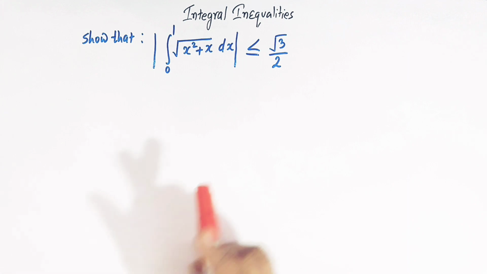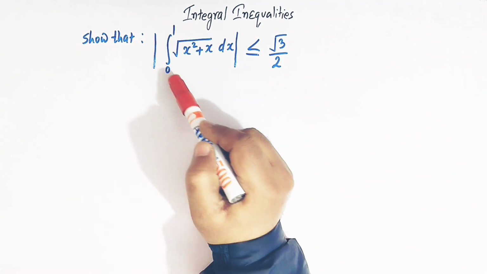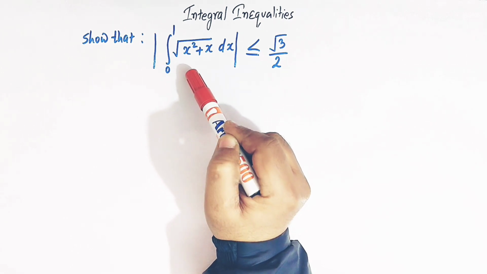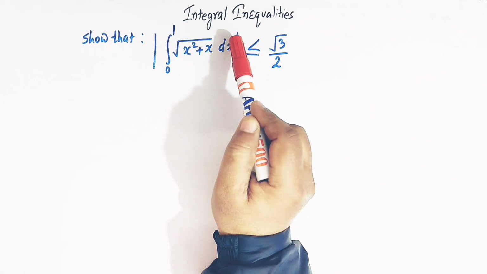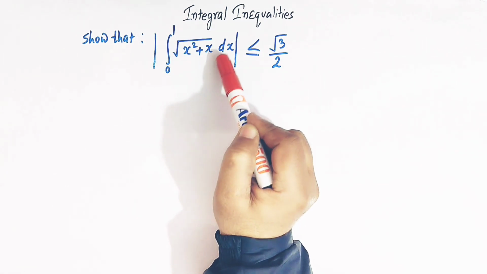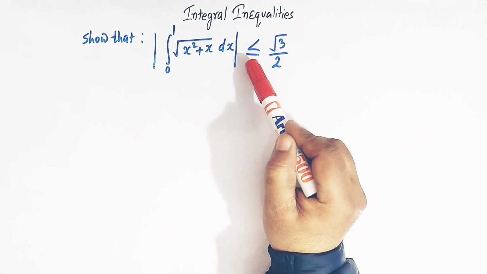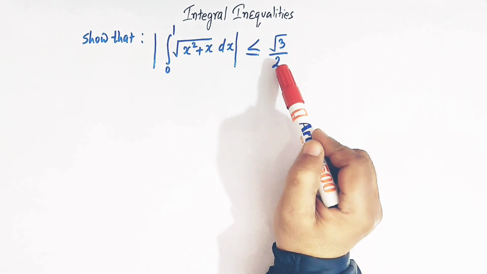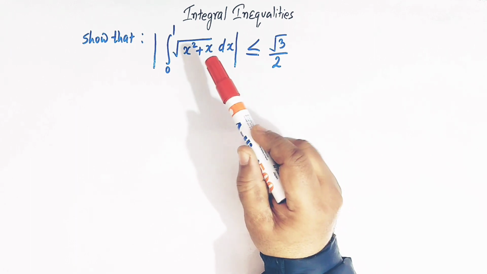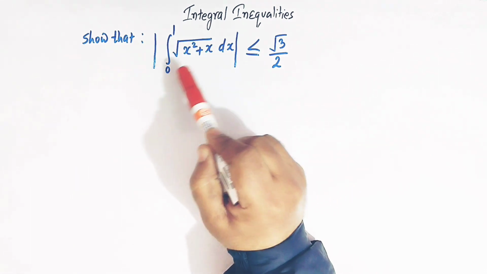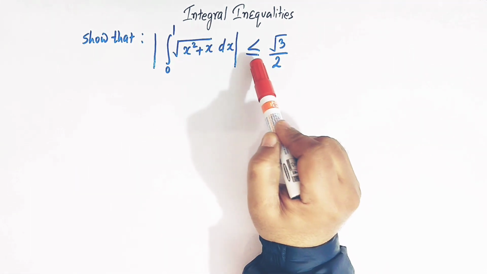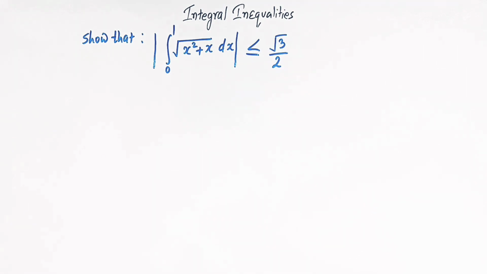So here, without calculating the value of the integral, we have to show that the absolute value of this integral is less than or equal to the square root of 3 over 2, or in other words, the absolute value of this integral doesn't exceed the square root of 3 over 2. So let us start.